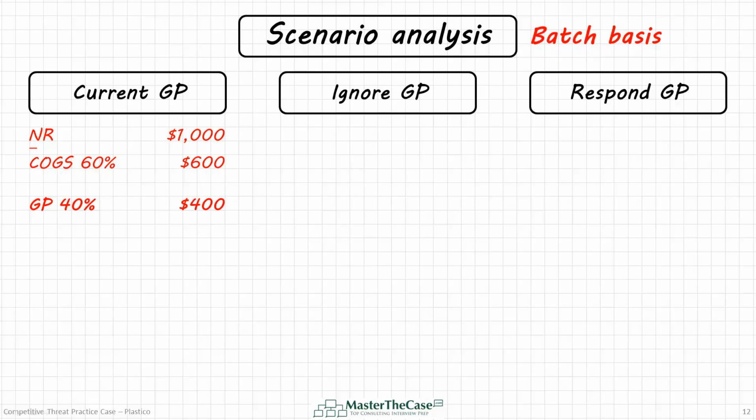I am with you. Next, the ignore scenario. Here, my logic is as follows. I'll start with the previously calculated net revenue minus 30%, because in this scenario, volume will decline by 30%. Then I will subtract COGS, for which the logic is a bit more complex, because on the one hand, volume will decline by 30%, reducing COGS.